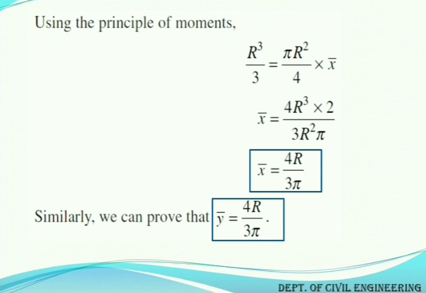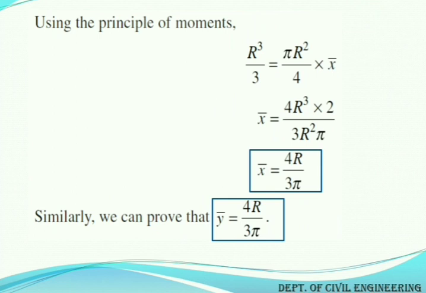So when we consider a quarter circle, it is neither symmetrical about the x-axis nor about the y-axis. Hence we get a formula for both x bar as well as y bar. In today's examples, the first figure was a rectangle, symmetrical about both axes.